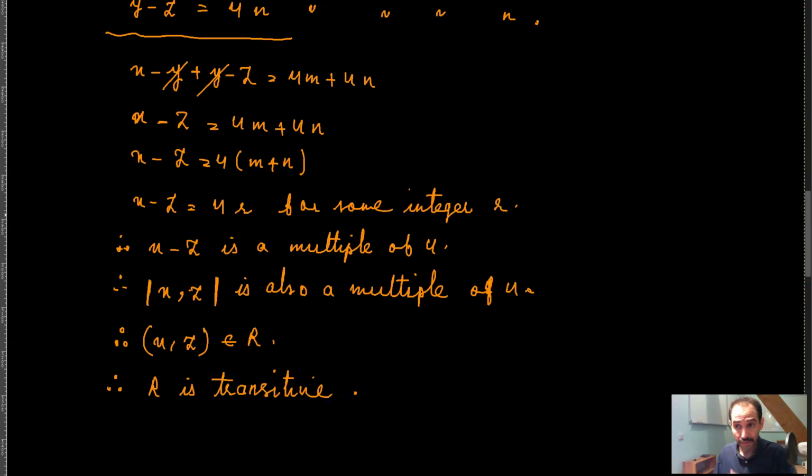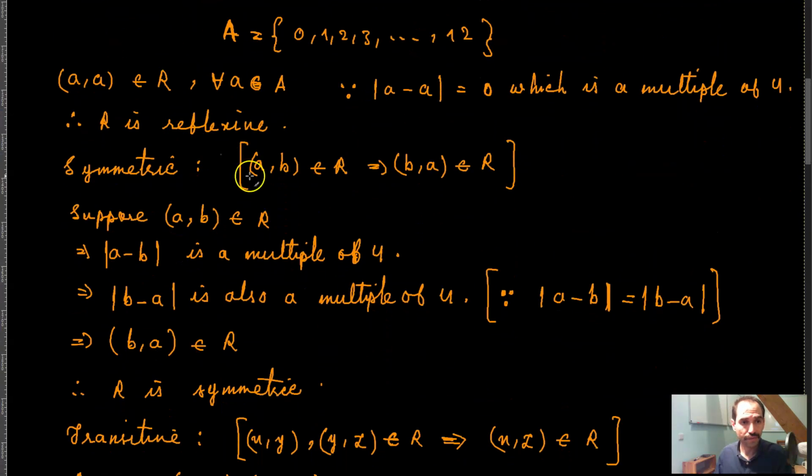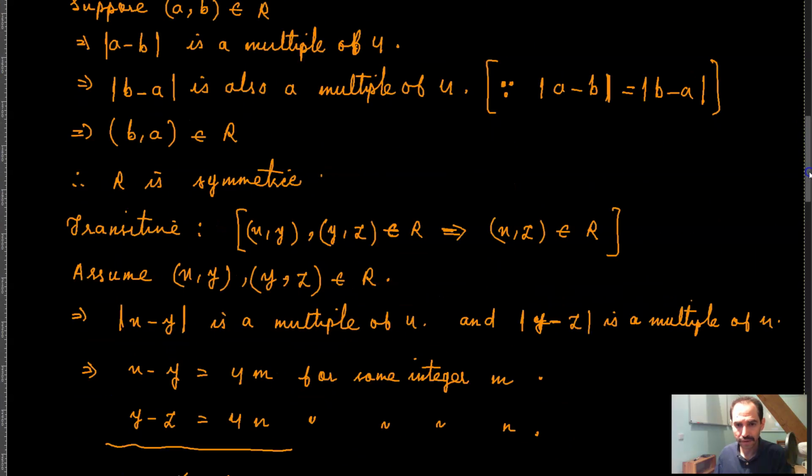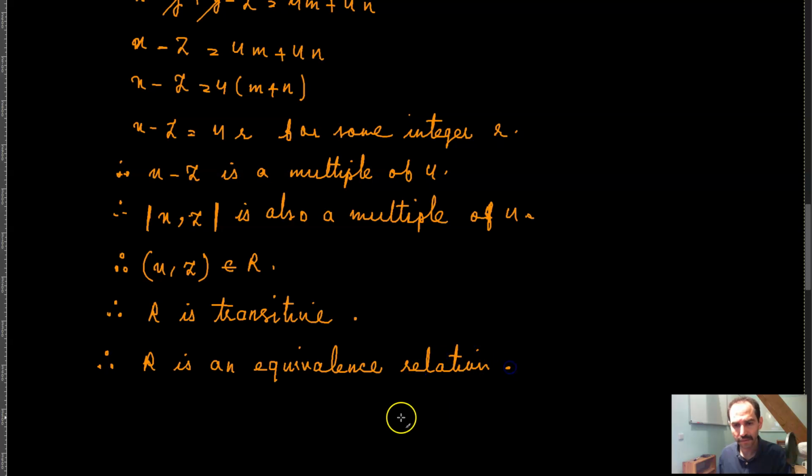So we showed that R is reflexive, that R is symmetric, and that R is transitive. That means that R is an equivalence relation. So that is one part of the problem.